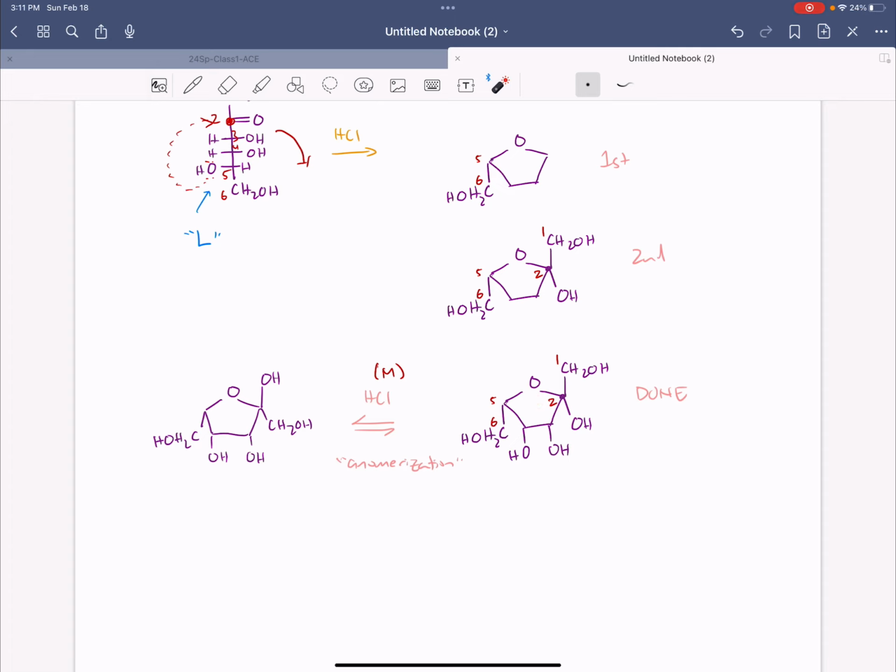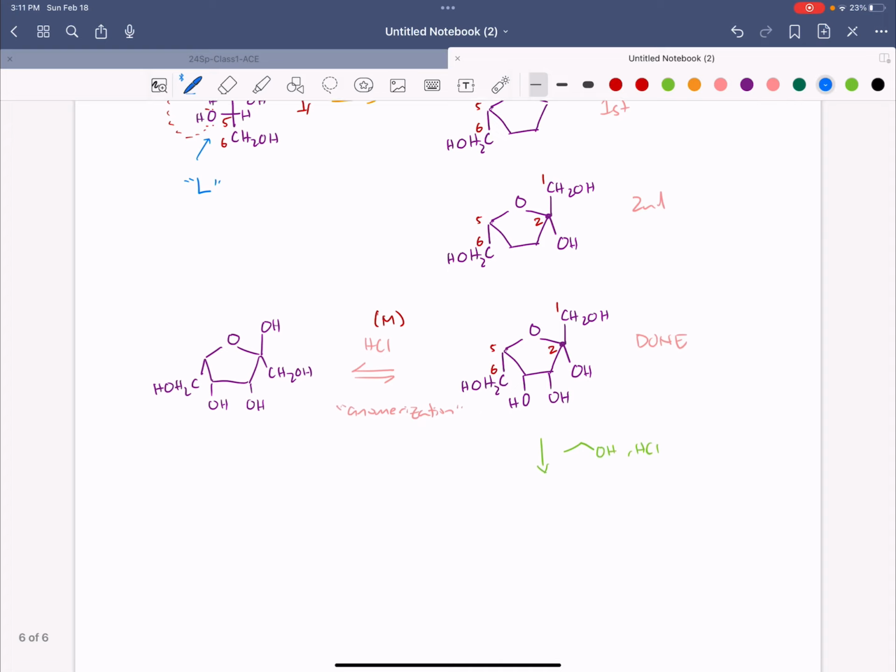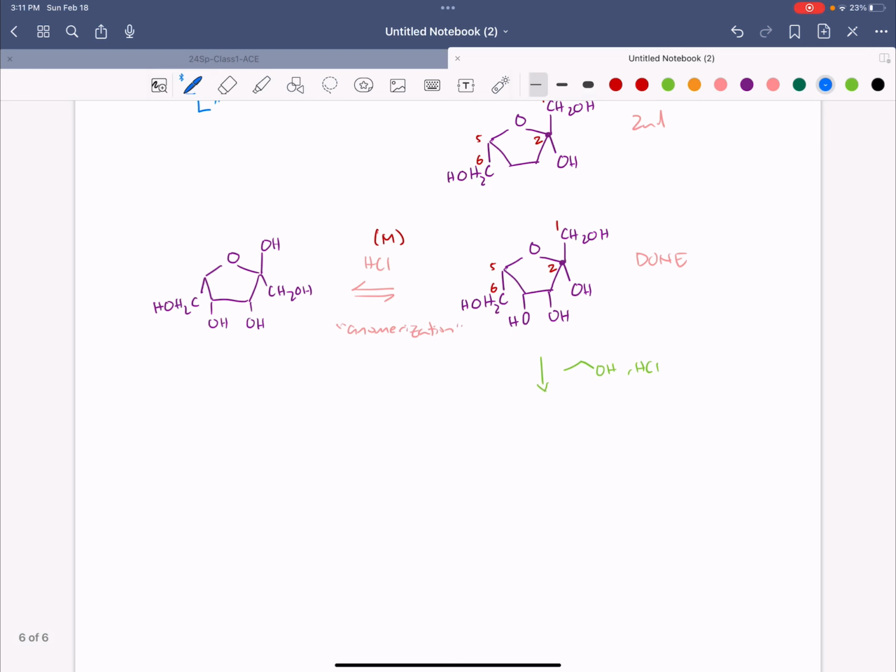So if I choose to make a full acetal, one way to do that is add an alcohol under acidic conditions again. Okay. Remember what happens here? The OH of the hemiacetal is the more reactive of the OH than any other part of the molecule.